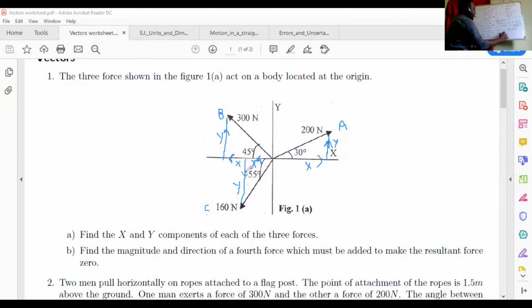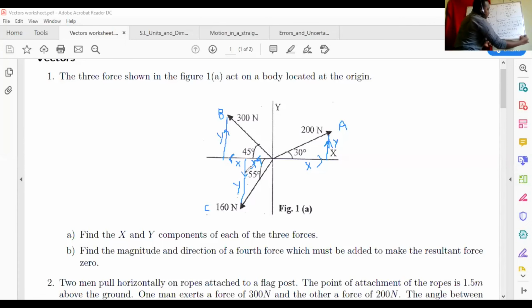Then we're going to do the same for y. The resultant of y would be 100 plus 212 plus negative 131, and we get 181.